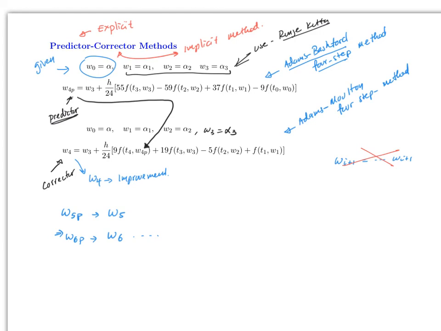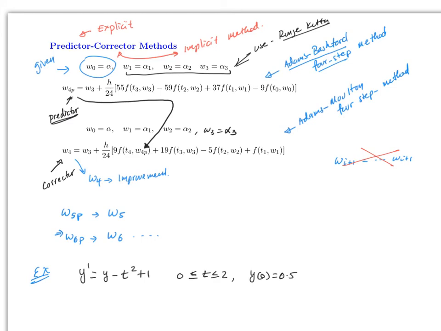For example, let's use the same example that we have been using all along. Remember, y prime is equal to y minus t squared plus 1, t is between 0 and 2, and the initial condition is y(0) equals 0.5.